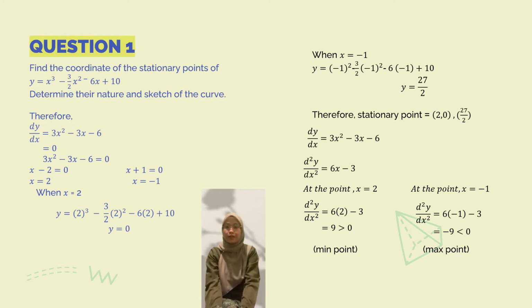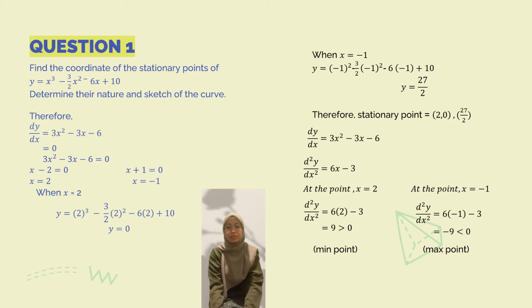Next, when x equals negative 1, y equals (-1)^3 minus 3/2 (-1)^2 minus 6(-1) plus 10. So we get y equals 27/2. Therefore, the stationary points are (2, 0) and (-1, 27/2).